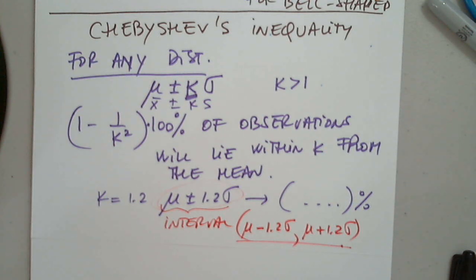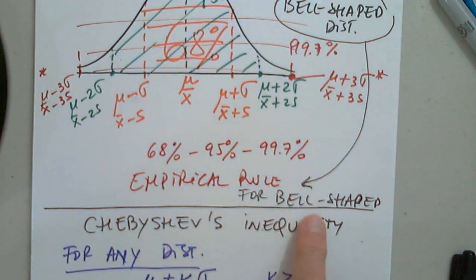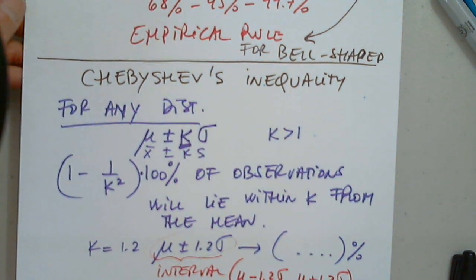It's not 100%, you don't expect an exact answer, but it's a very quick way of determining where the data lie away from the mean. So the empirical rule is specifically for bell-shaped distributions, but Chebyshev's inequality works for anything.